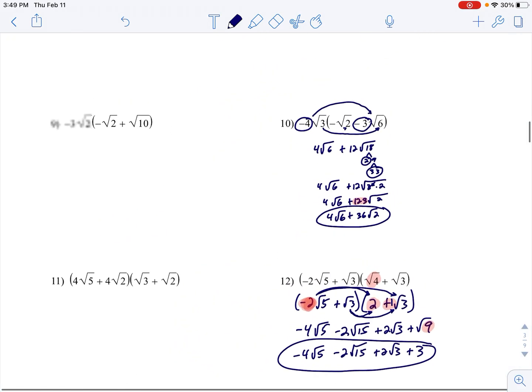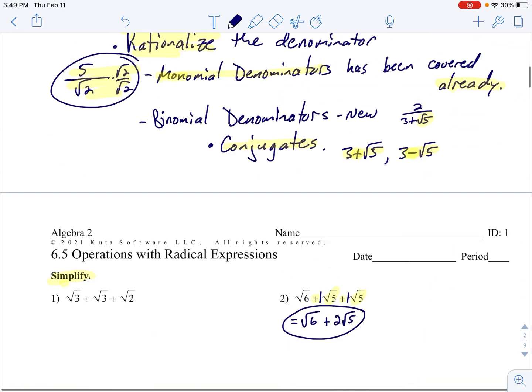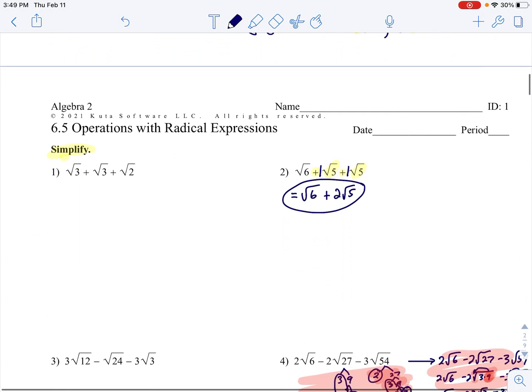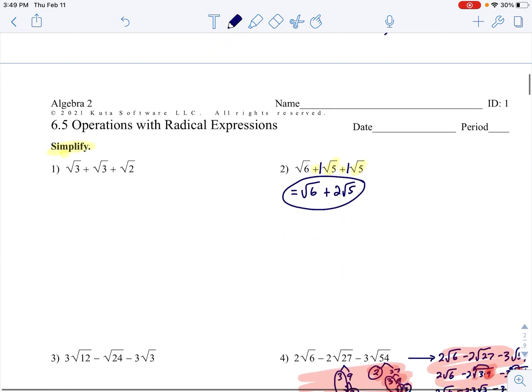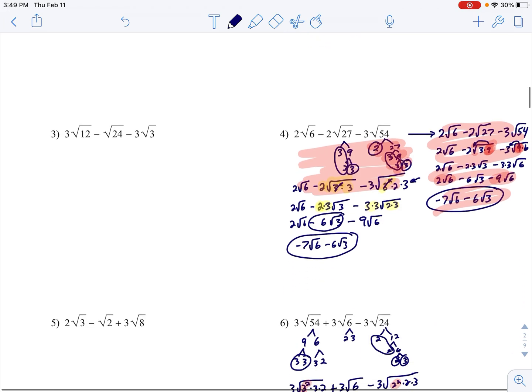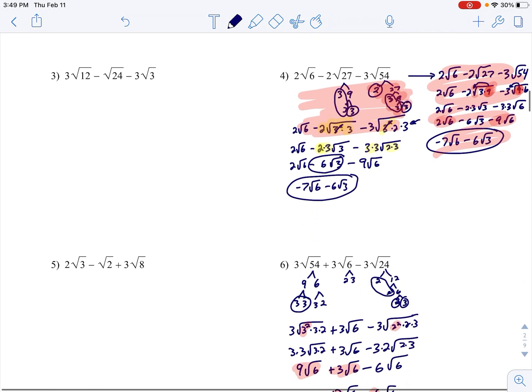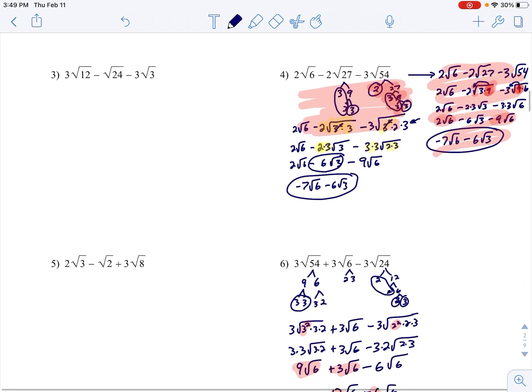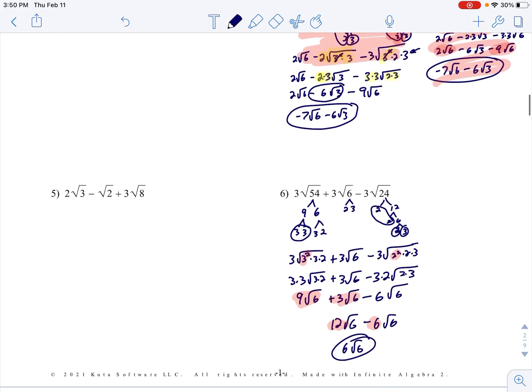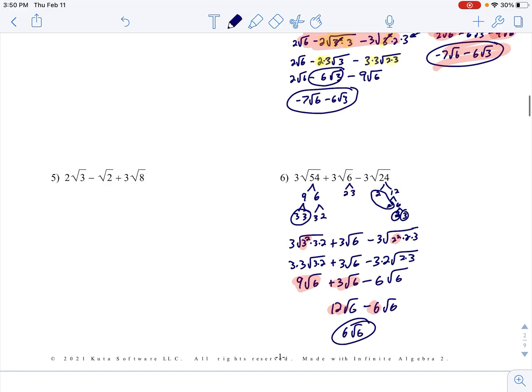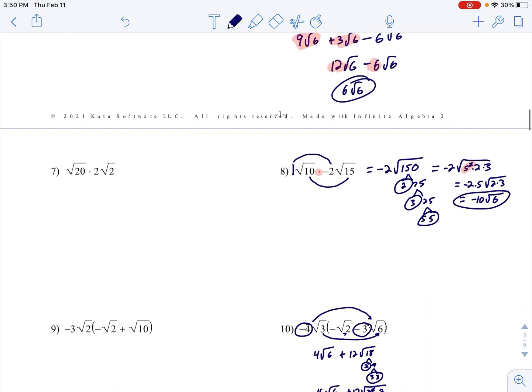So, what have we looked at so far? Number 2 and your number 1 is adding, and they're already like terms. 3, 4, 5, and 6 are adding or subtracting. There are no like terms at the very beginning, but if you simplify the radicals, they turn into like terms, and then you can add or subtract them.